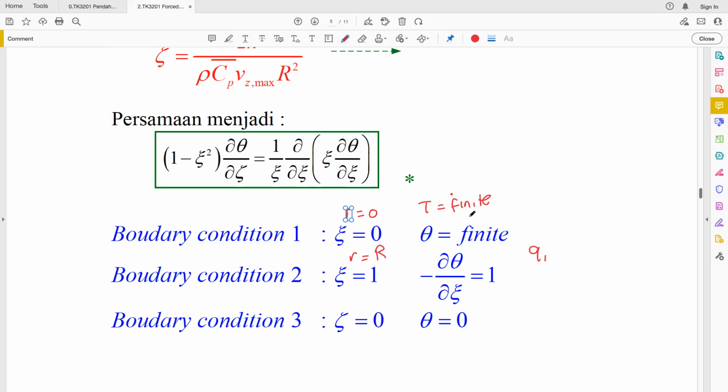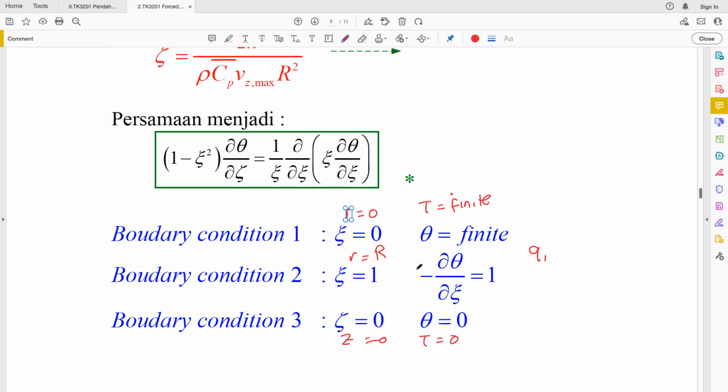And the last one, when z equal to 0, theta equal to 0, we change it into the dimensionless number, that becomes theta equal to 0. So that would be the boundary condition for that one.